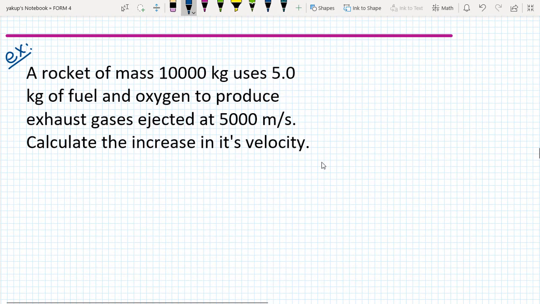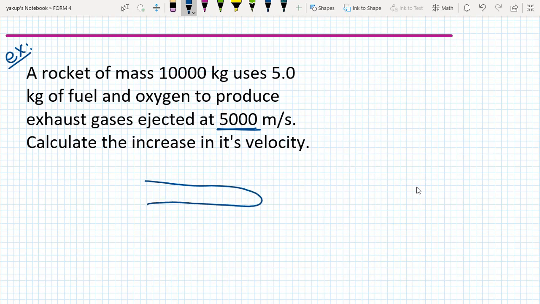We have one question here. A rocket of mass 10,000 kg uses 5 kg of fuel and oxygen to produce exhaust gases ejected at 5,000 meters per second. As you see, it is very high velocity. Calculate the increase in its velocity. Okay, let's draw the rocket here.